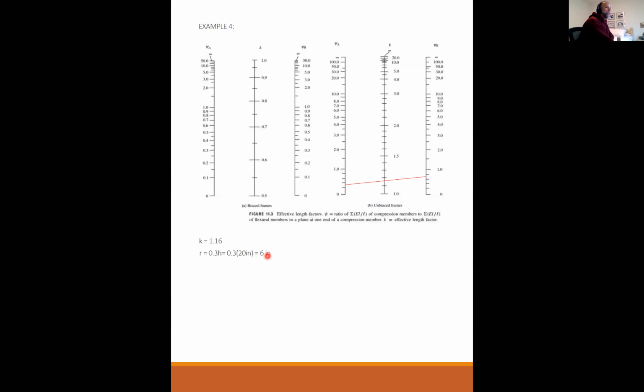Radius of gyration is 6 inches as before, so my KL over r ratio is 60.3. That's pretty slender. And remember, for sway columns, compare it against 22, not 40, 22. And so 60.3 is quite a bit more than 22. Therefore, slenderness must be considered for this column. Any questions at this point?